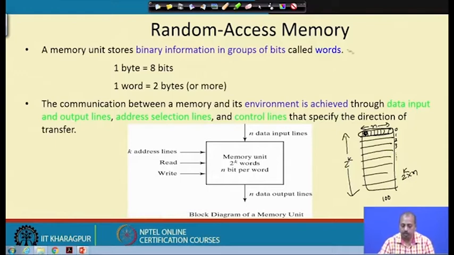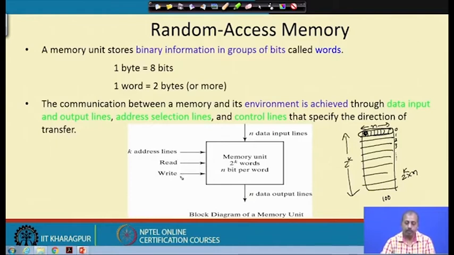So, we have this memory unit that consists of 2 to the power k words, and each word is n bits wide. These k address lines are to be given to tell which location we are trying to access. Then there are the n bit data input and output lines. If you are doing a read operation, the content of that address location will be available on the n bit data output line.